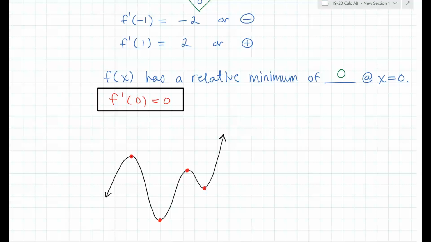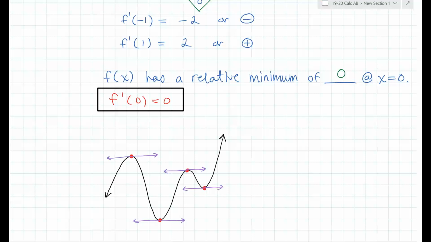So if I were to tell you to find the slope of a tangent line at those points, would you guys agree with me that the tangent line at this point would look like this at the highest point? And over here, it would look like that. And over here, it would look like this. And here, it would look like that. Would you guys be okay with me saying that the slope at the highest point and the lowest point would be completely flat? Right?